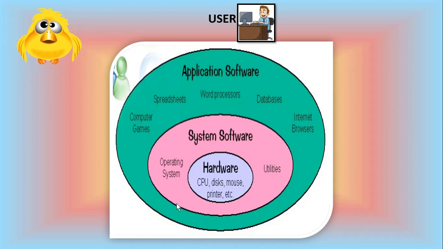Then there is a green circle which has application software. Computer games, word processor, spreadsheets, internet browsers. These are the software which are used for some or the other purpose.